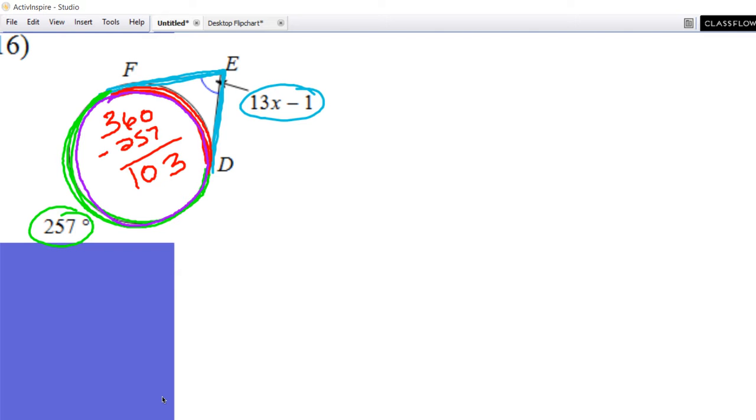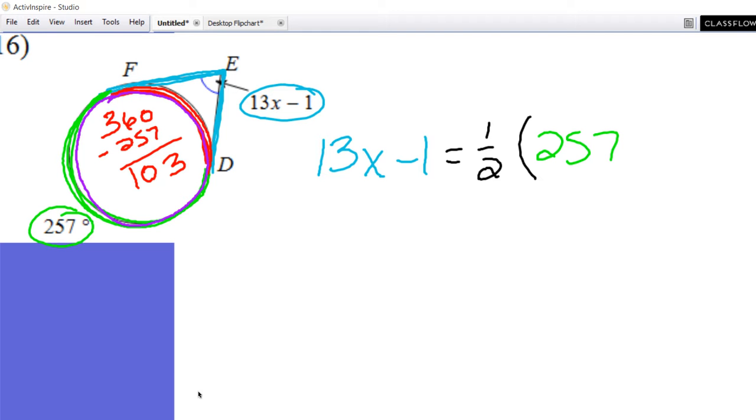Our formula says that I'm going to put the angle first. So the angle is 13x minus 1. That has to equal 1/2 times the biggest arc, which is 257. The formula says minus, and then the smallest arc, which is 103. And we close parentheses.